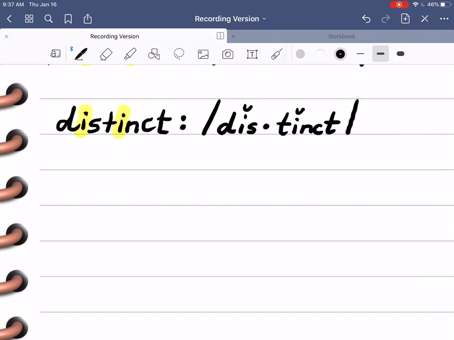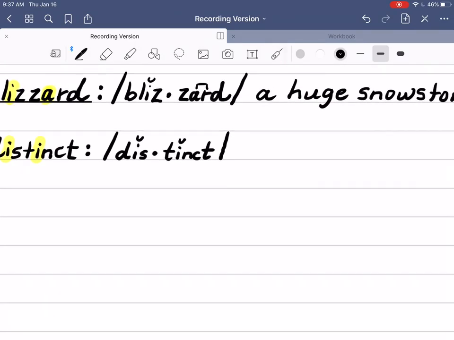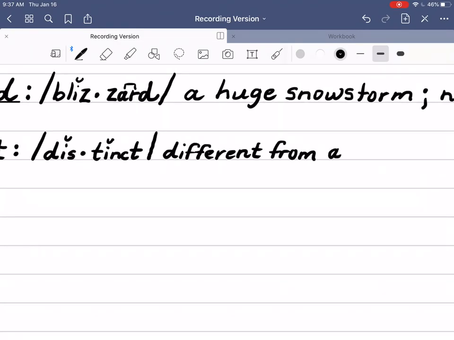And the definition of distinct is different from all others. So when we say 4 distinct seasons, that means that the seasons are different from all others. Summer is not like winter. They're different. They're distinct.